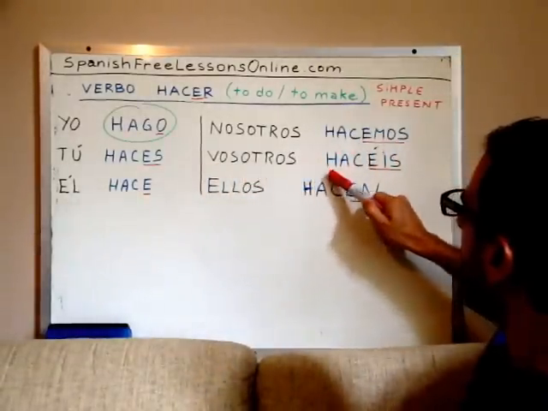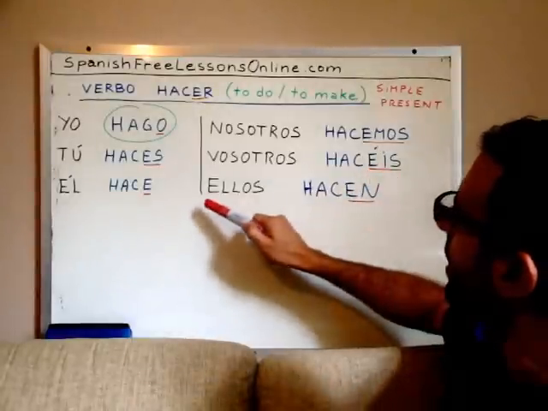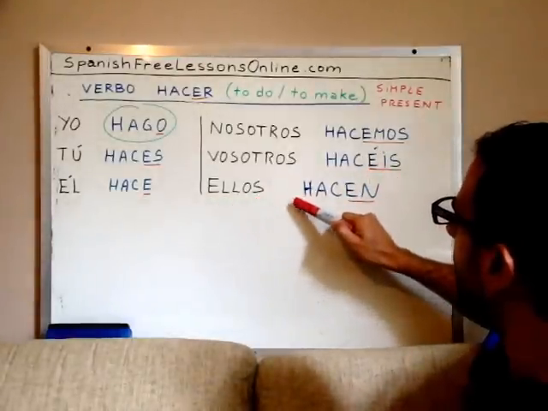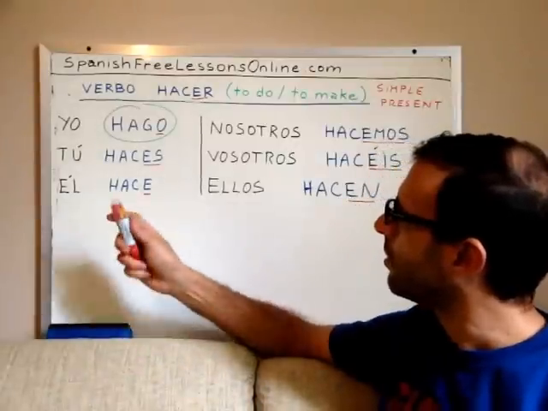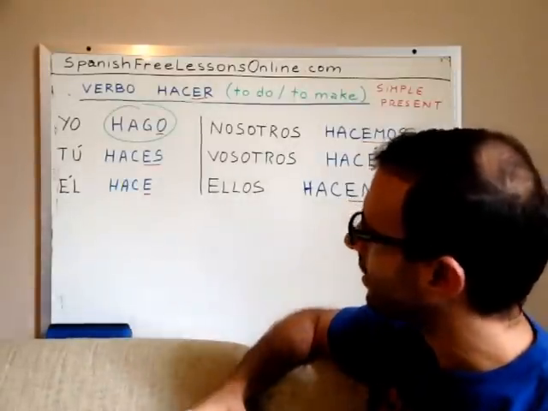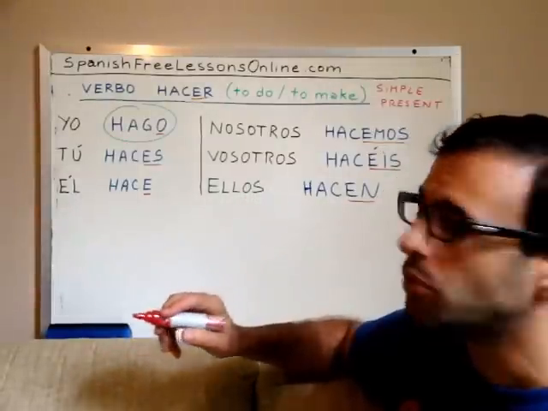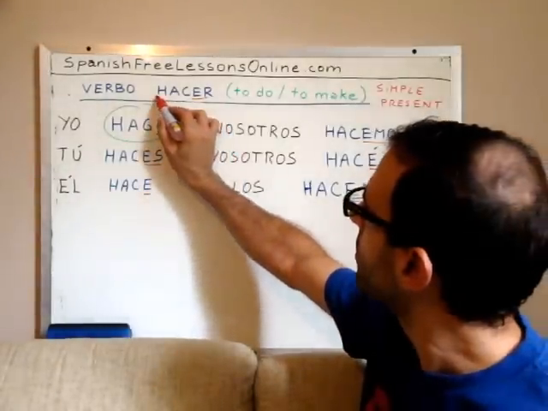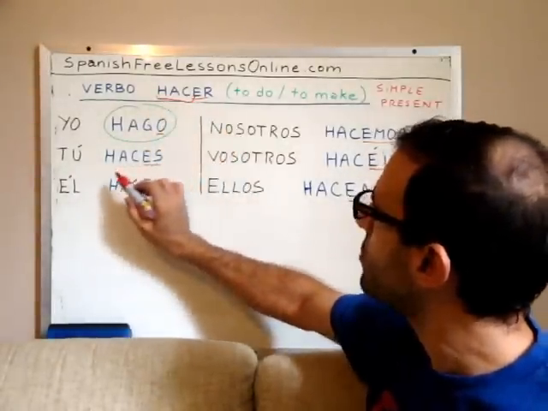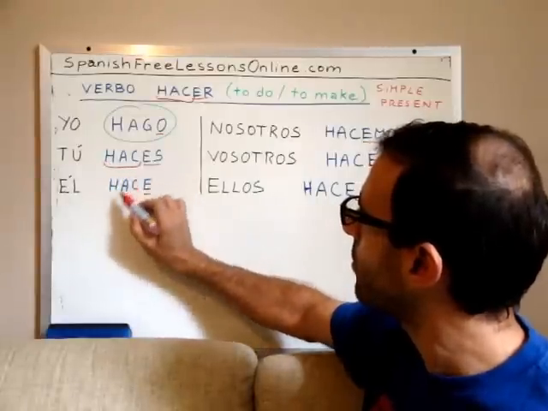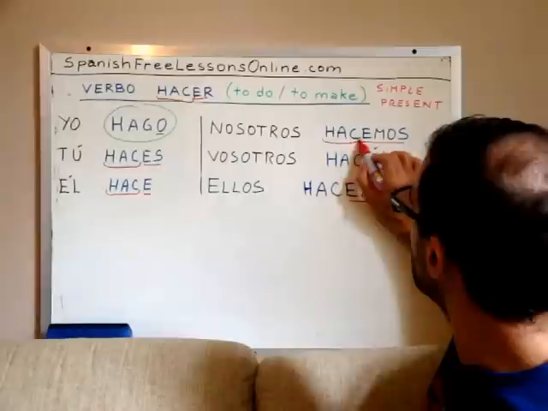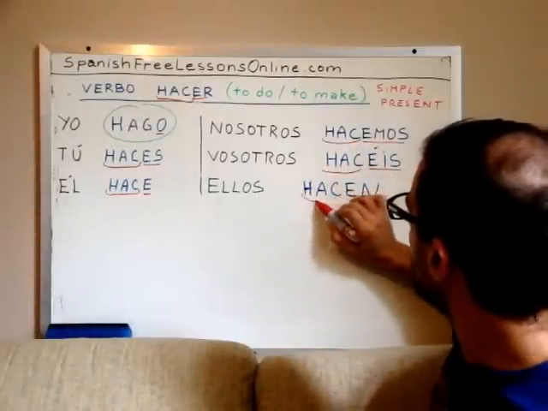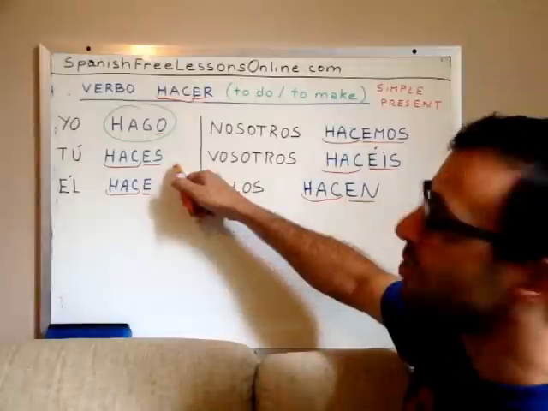Vosotros hacéis. Ellos hacen. So you can see that the root of the verb remains unchanged here in all the regular conjugations. And then you have the typical termination for each pronoun, right?